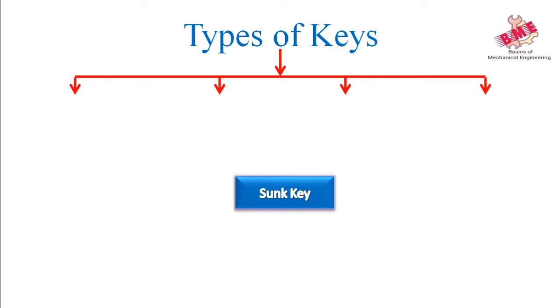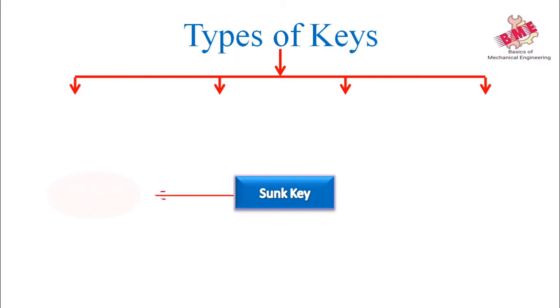Depth of keyway is uniform inside the shaft but is taper in the hub. Sunk key is suitable for heavy duty applications. There is no possibility of key to slip around the shaft, therefore this drive is called as positive drive. Sunk key also has 5 different types.